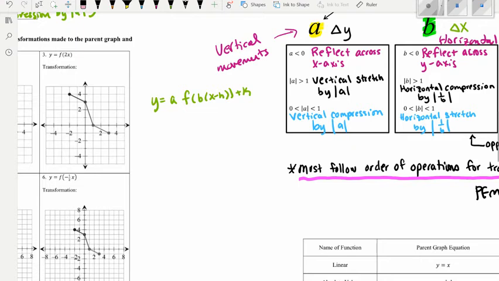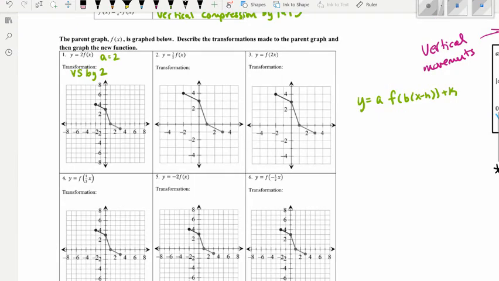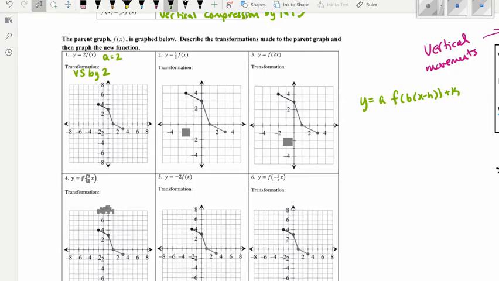So in this case, a vertical stretch by 2. So when you are vertically stretching something, that means you are going to be changing your y values. So that means we're going to multiply our y values by 2 and keep the x values the same. So multiply y values by 2, keep x the same.